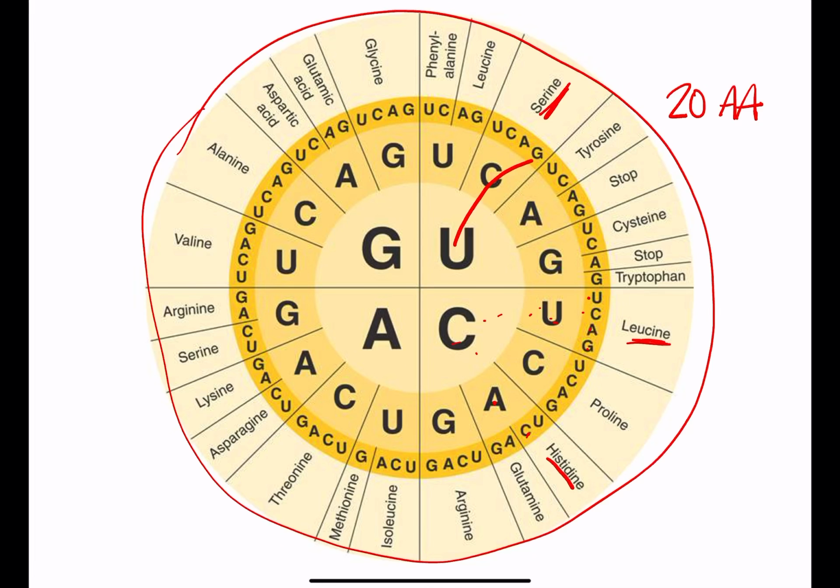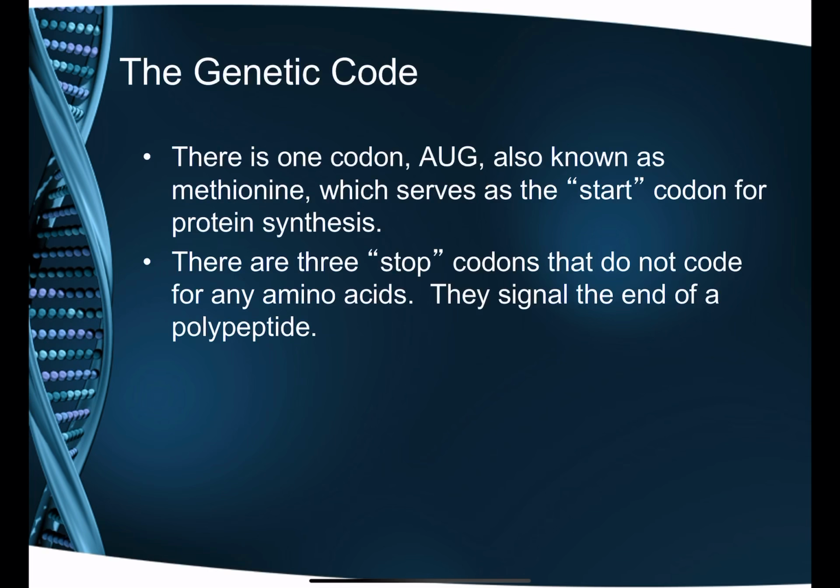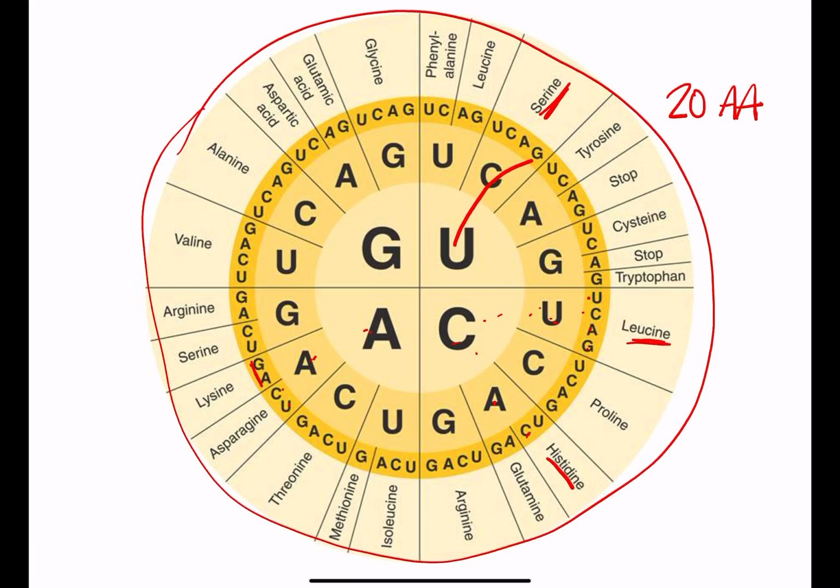All of those make leucine. Okay? Some of them may only be coded for by fewer things. So AAC makes asparagine, AAU makes asparagine. If you change it to AAG or AAA, then you get lysine. And that's different from asparagine. Okay?